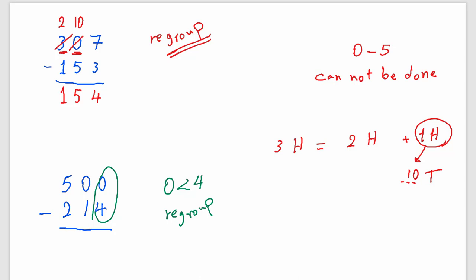Let's see how we can regroup. When you move to the tens, you will find it nothing, 0. You don't have anything in the tens. Since it's 0, so you cannot take from the 0. In this case, we will move to the hundreds. The hundreds here is 5.